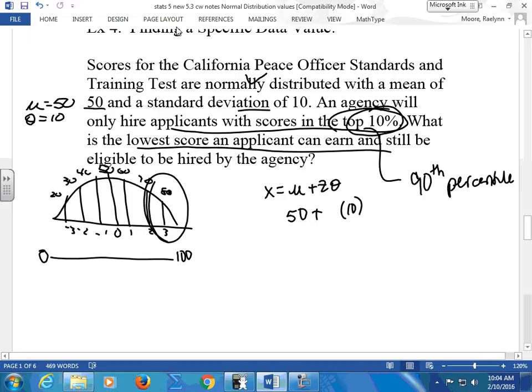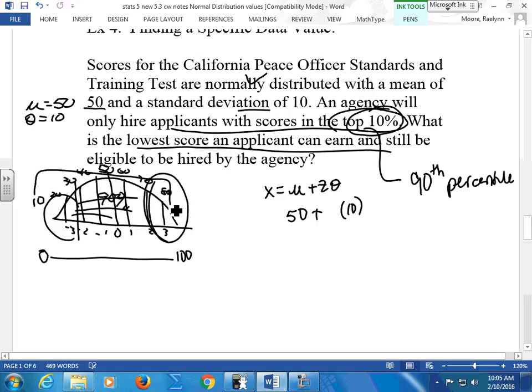If you want to look up area to the left, this is 90%. If you want to look up 10% down here, because it's symmetric, you just have to remember that this one's negative 1.28, and this one will be positive 1.28, because your curve has symmetry.